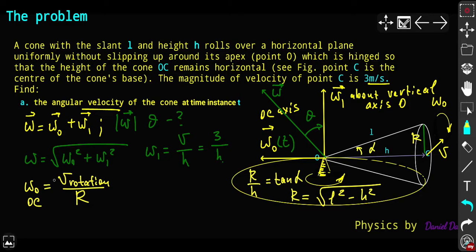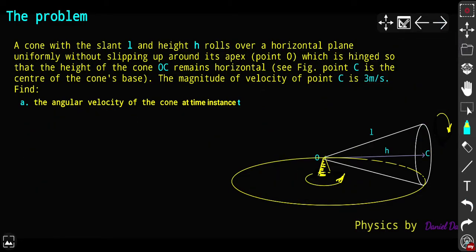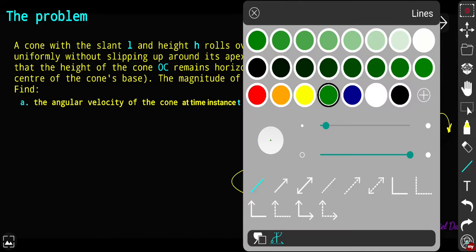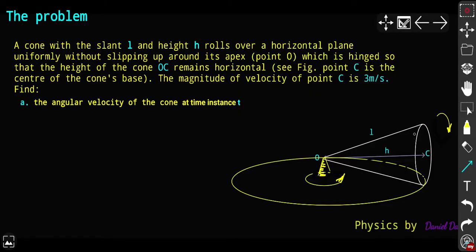Okay, so how to define V of the rotation? That's the last case, and I will move to the next slide. Let's consider it separately. Rotation of the cone occurs with angular velocity omega 0, but we need to know the linear velocity, which we marked as V_R, rotation. How do we connect it, because we are only given the velocity of point C?